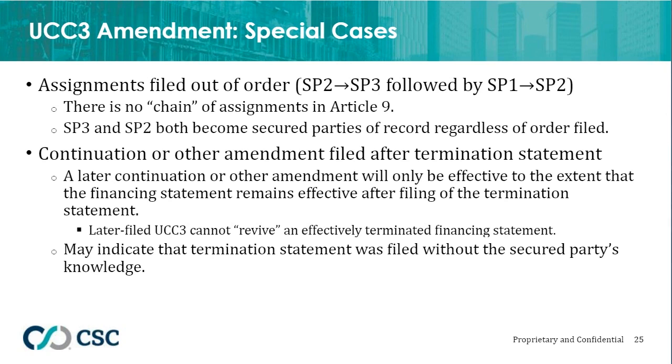They might have a release department that handles terminations and amendments that release collateral or debtors, and they may have a different department that's responsible for continuations and other amendments, and sometimes the information doesn't communicate fully between them. So, the only way to know for sure what the effect of the amendments after a termination statement will have is to conduct further inquiry to determine.